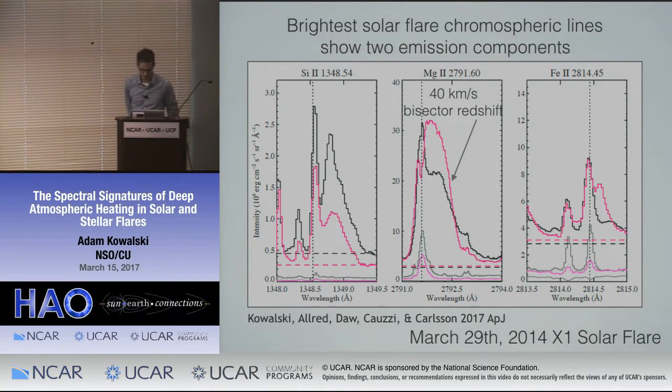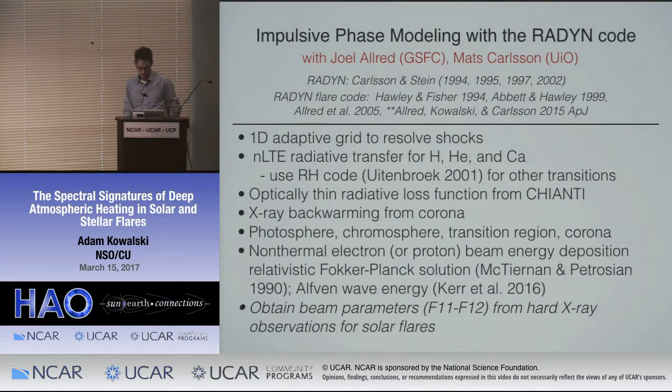So a factor of at least 5 increase. To understand these chromospheric flare lines and the near UV continuum formation, we needed to have a spectrum from a model to directly compare.